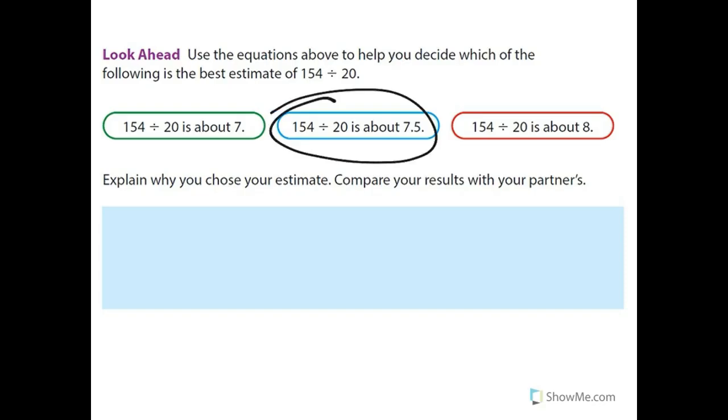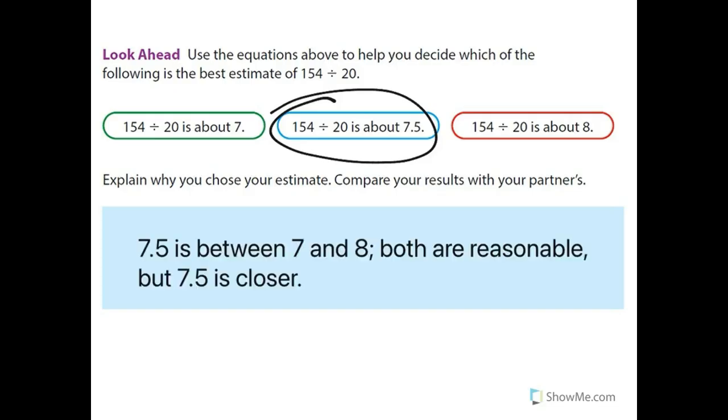Why would that be? Here's what I'm going to say. 7.5 is between 7 and 8. Both are reasonable estimates, but 7.5 is closer. All right. Now, in this lesson, we're not really going to do decimal answers, right?